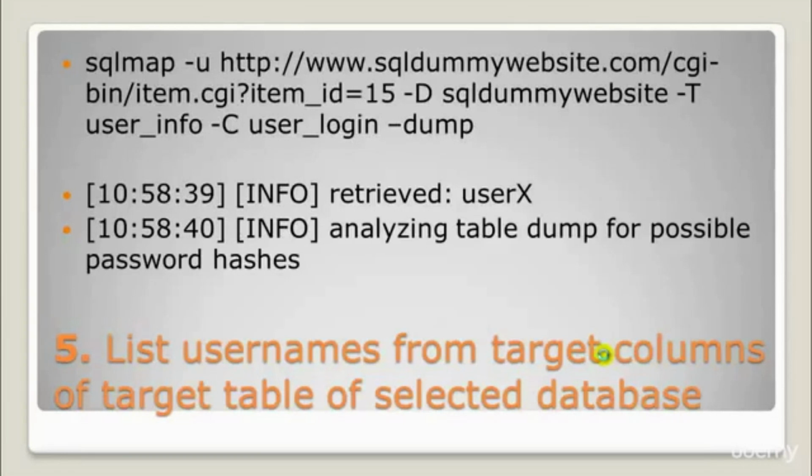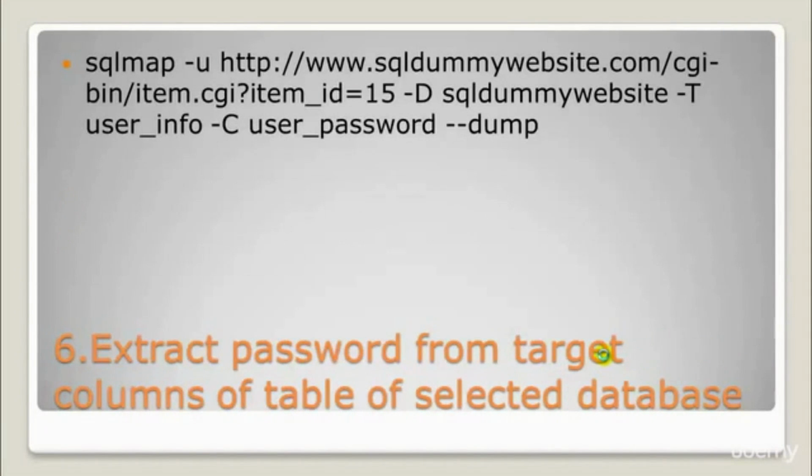When you run this, you will be amazed to see what you have got. We will get the usernames from the database. As you can see, we have retrieved the user, and it will go ahead and analyze the table dump for possible password hashes. After that, we need to extract the password from the target columns of the target table of the database using sqlmap injection.